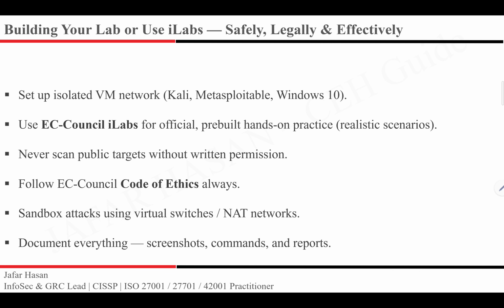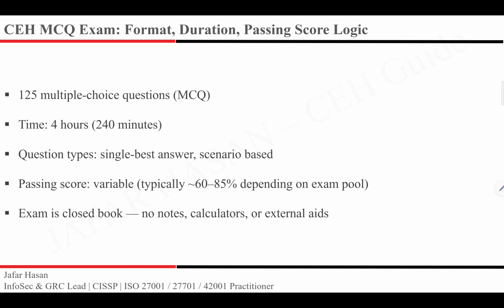Once you are ready with the lab, the next step is the exam itself, obviously. So now let's understand how the exam works. The main exam of CEH has 125 MCQ-based questions which you need to cover within 4 hours.